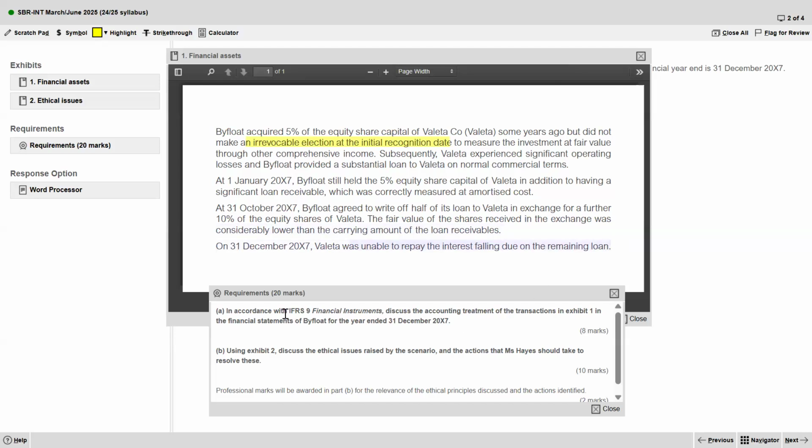Now, it says in accordance with IFRS 9, discuss the accounting treatment of the transaction in Exhibit 1. What do you think should be the accounting for this? Yeah, hello.